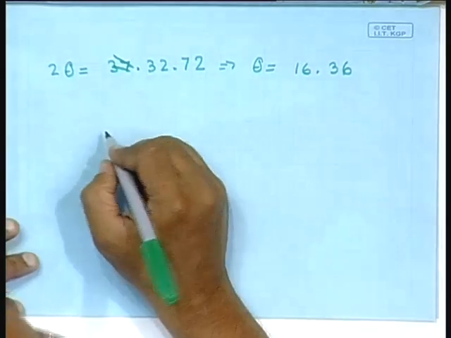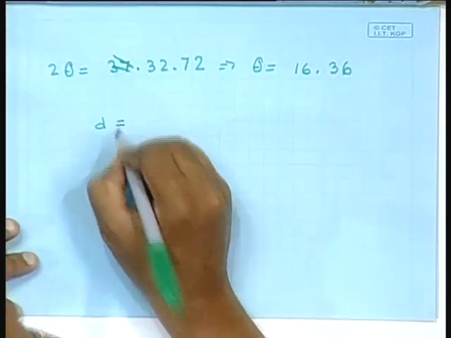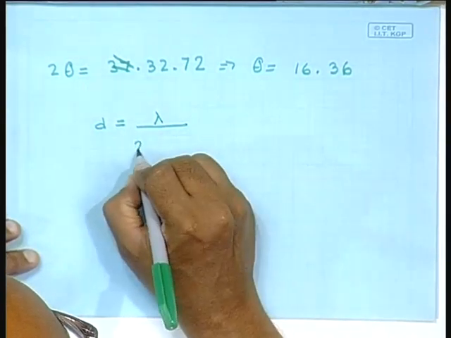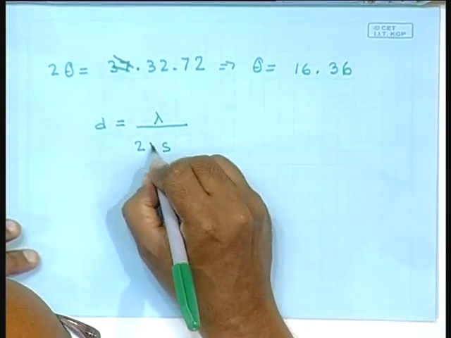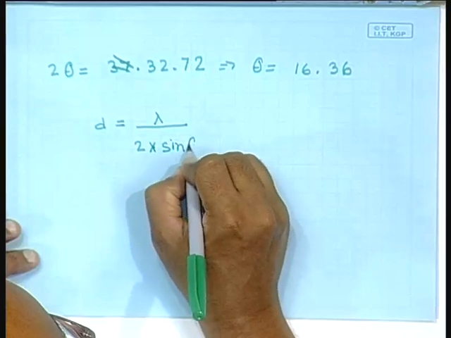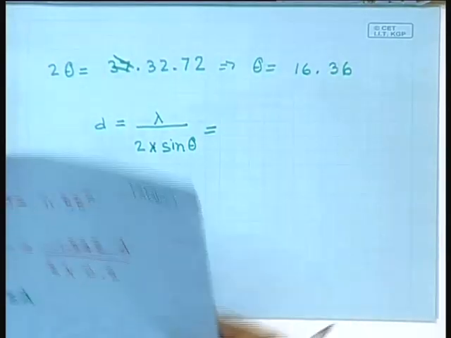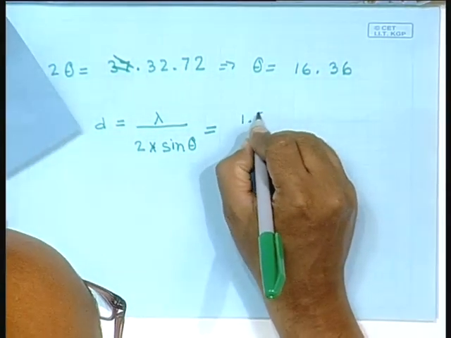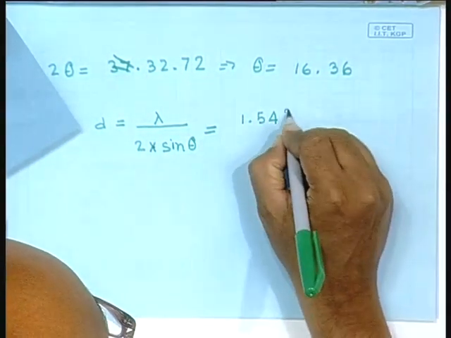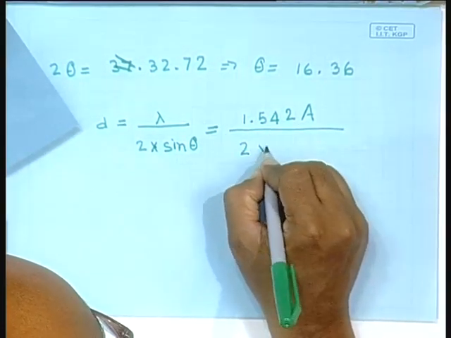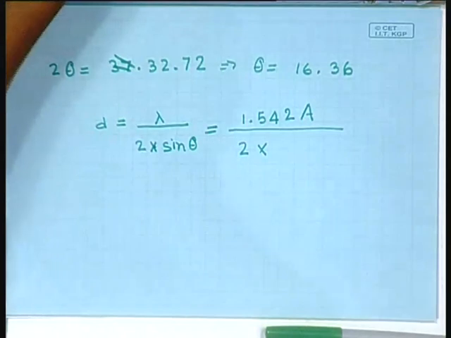And d is equal to lambda by 2 times sine theta, where the wavelength of the X-ray is the same, 1.542 Angstrom, divided by 2 times the sine of 16.36.